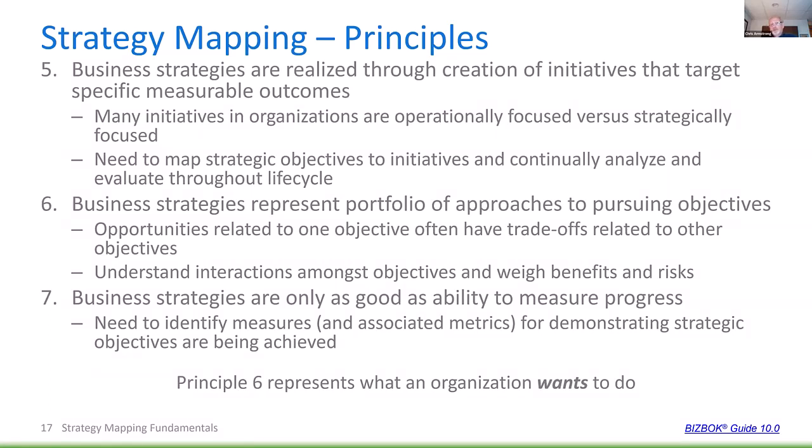And so the BizBot Guide says, once we come up with a strategy map, we need to cross map those elements of the strategy to our portfolio of initiatives so that we understand what the relationship is between the two. And again, the reason we do that is to be able to respond to change and do impact analysis. So what happens if the strategy changes?